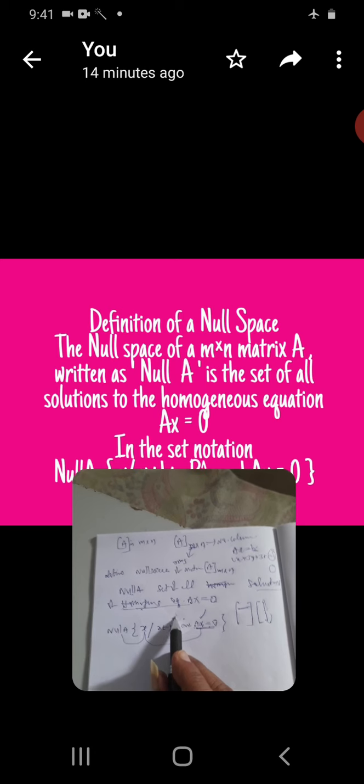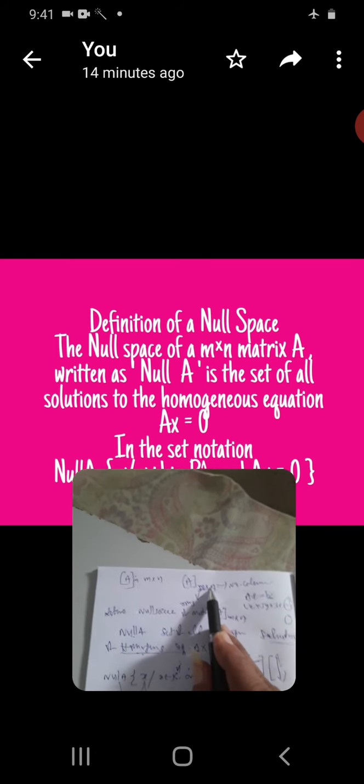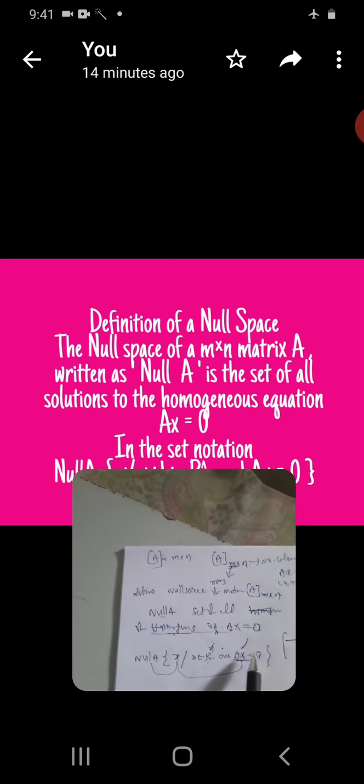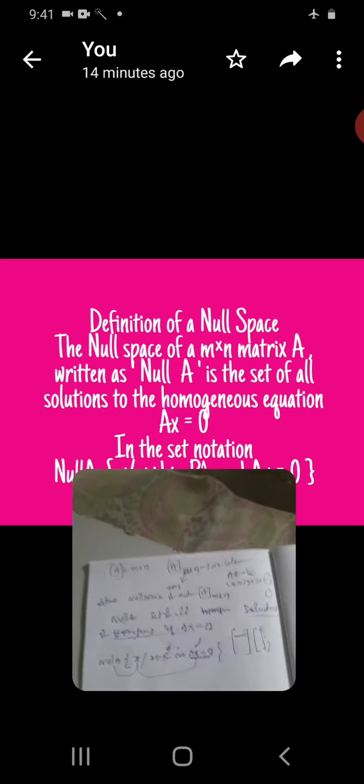R power n, here n is the number of columns in our given matrix. So X is an element of R power n and Ax is equal to 0. This is how the set null A is constructed.